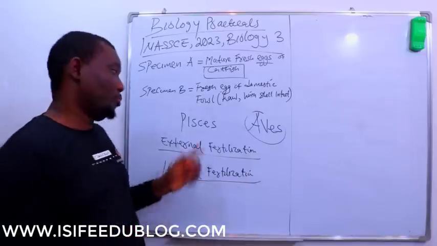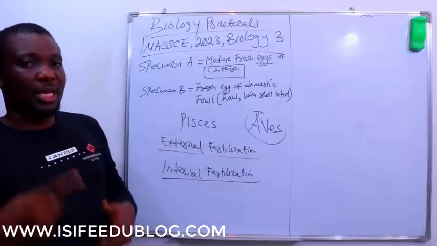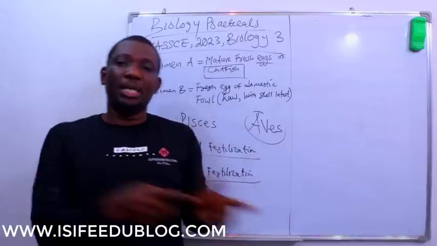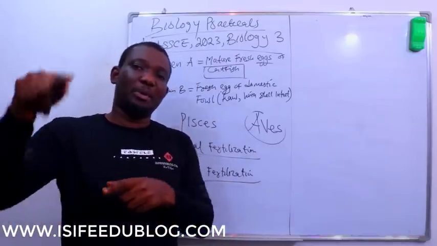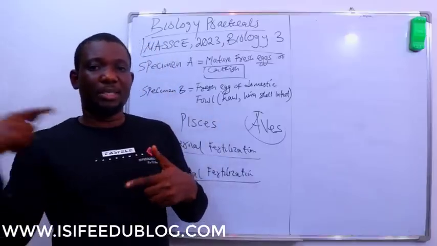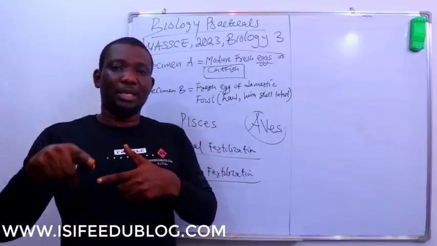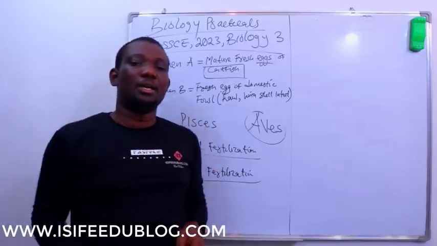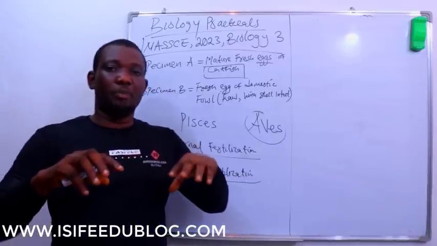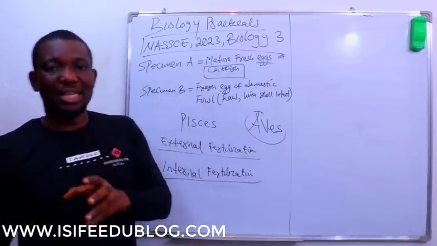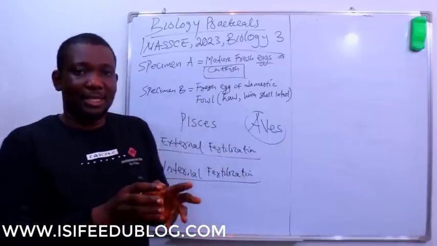Of course, you know the opposite is external. In internal fertilization, that means the egg does not need to be laid before it is fertilized. So the egg stays there to mature, then before the maturation of the egg, the sperm cell of the male is ejaculated in and causes fertilization to take place internally, and after the development of the egg, these eggs are now laid, fertilized.